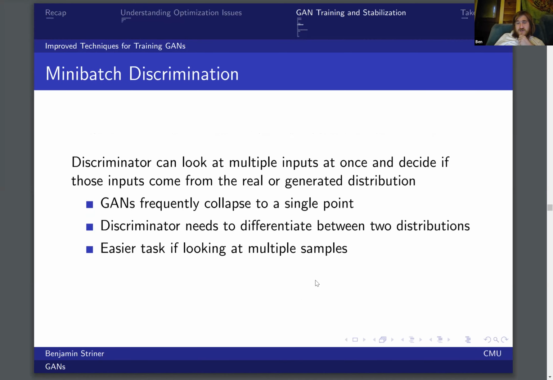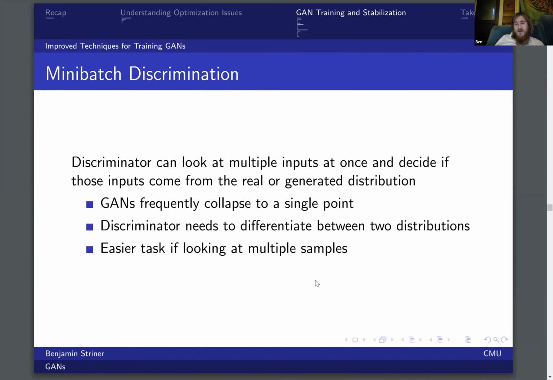The idea of mini-batch discrimination is that you can have a discriminator that takes in multiple data points instead of just one at a time. So if you can look at multiple inputs, you can have a better way to tell if they are generated or fake. If you're just looking at one point at a time, you might not know if it's generated or if it's real, or you might not be very strongly able to differentiate those two.